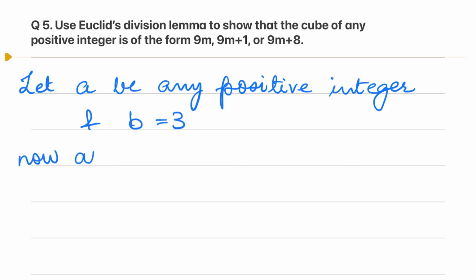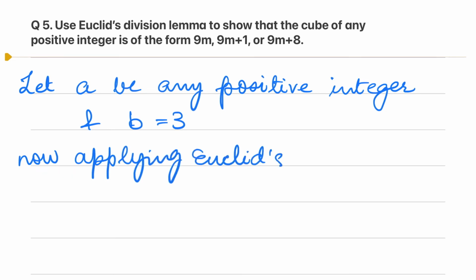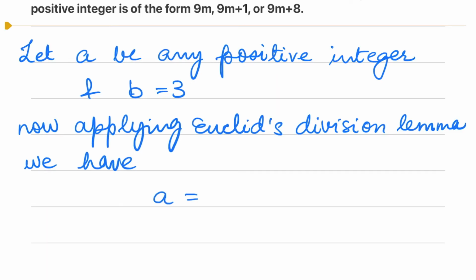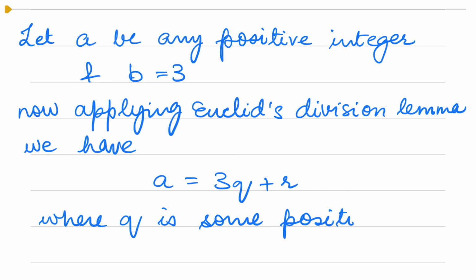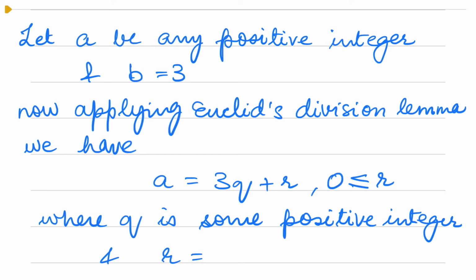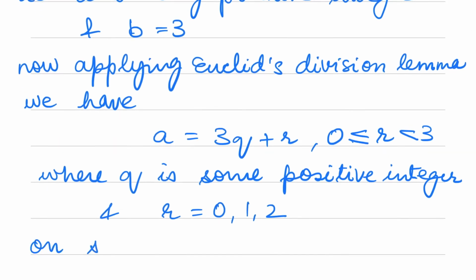Now applying Euclid's division lemma, we have a is equal to 3q plus r, where q is some positive integer and r is greater than or equal to 0 and less than 3. So it will be 0, 1 or 2.